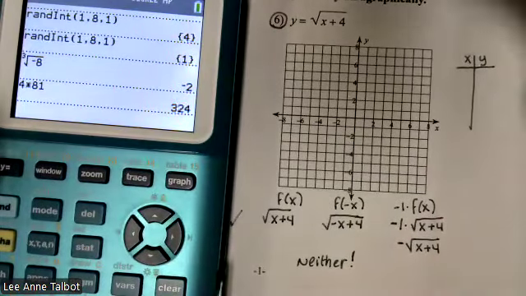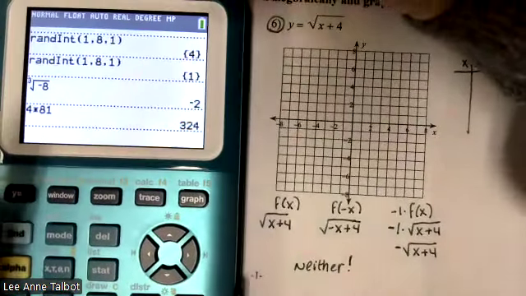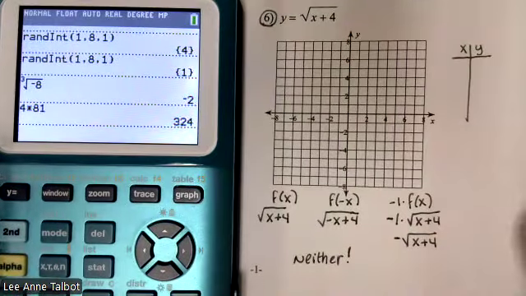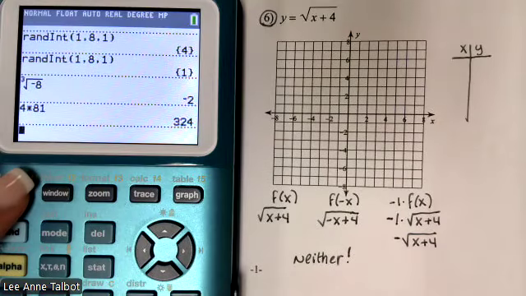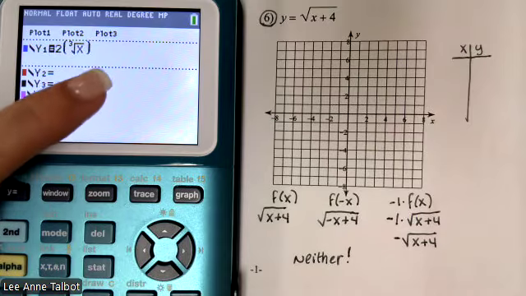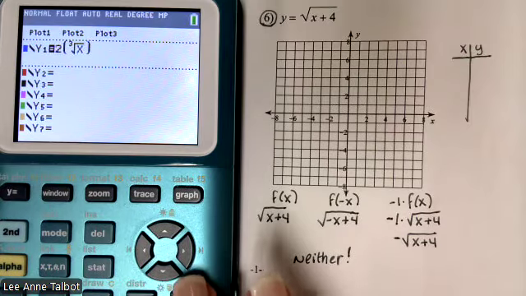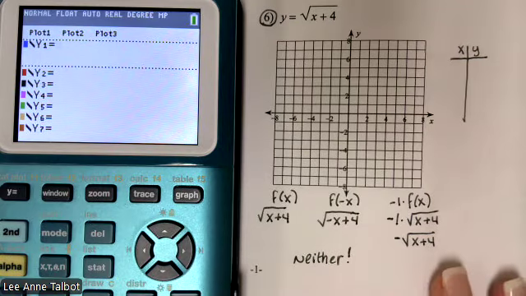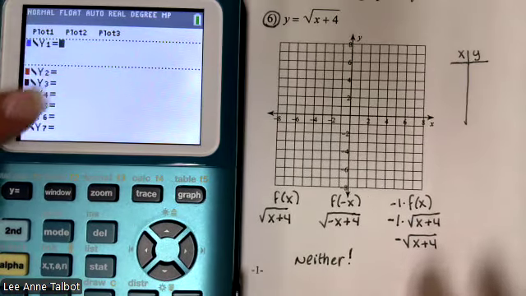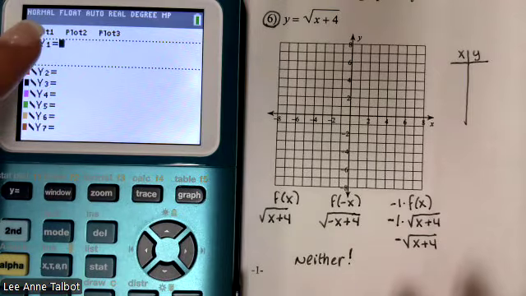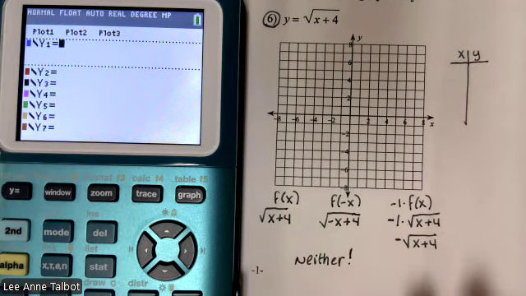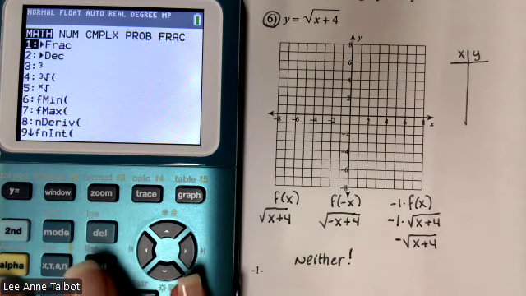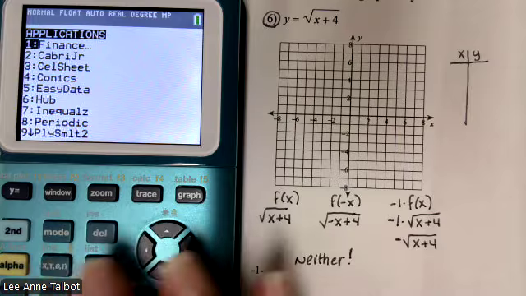So if you guys could get your calculator going, get ready to cheat. Here we go. Hit the y equals button. I've got stuff in there from yesterday, so I'm going to clear it out by hitting the clear button. I want to make sure that there's nothing in my y equals and none of the plots are on. And what you do is go math. Nope, I lied. Don't do that.